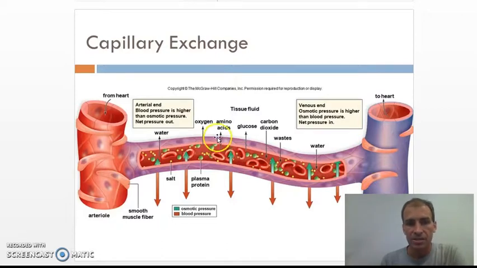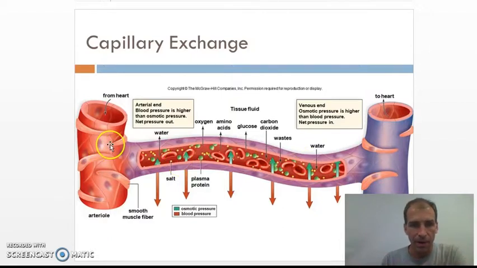A good example of this, and a big one for us, is oxygen. In the arterial blood, the pressure of oxygen, the amount of oxygen, is greater than in the venous side. So we're going to see oxygen move from a high pressure to a low pressure environment.